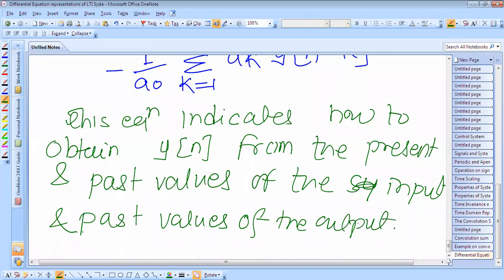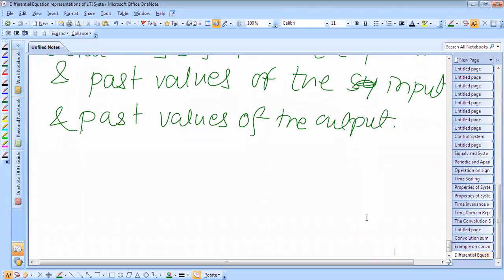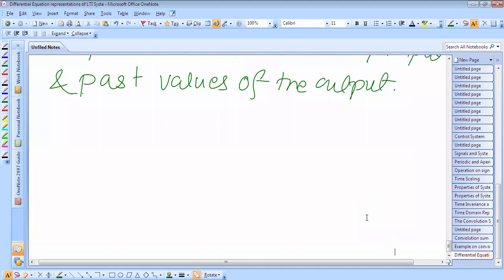Such equations are often used to implement a discrete time system in a computer. Such type of equations are generally used to implement a discrete time system in computers.